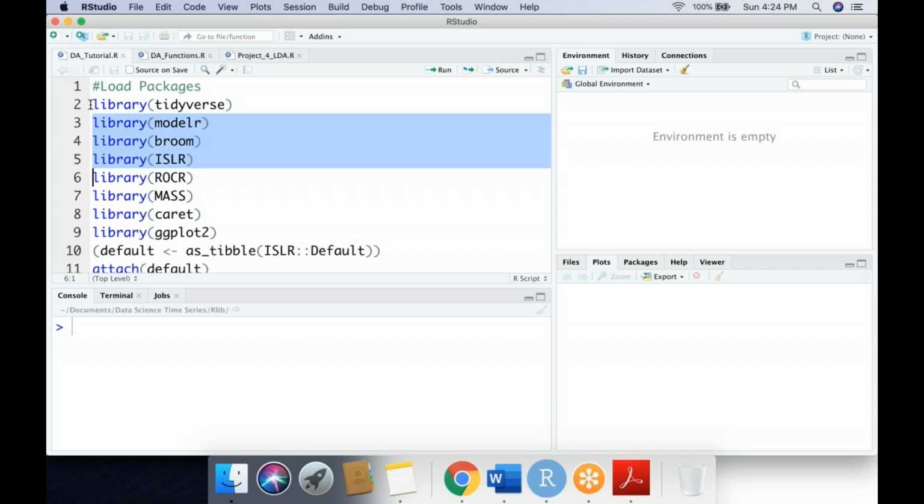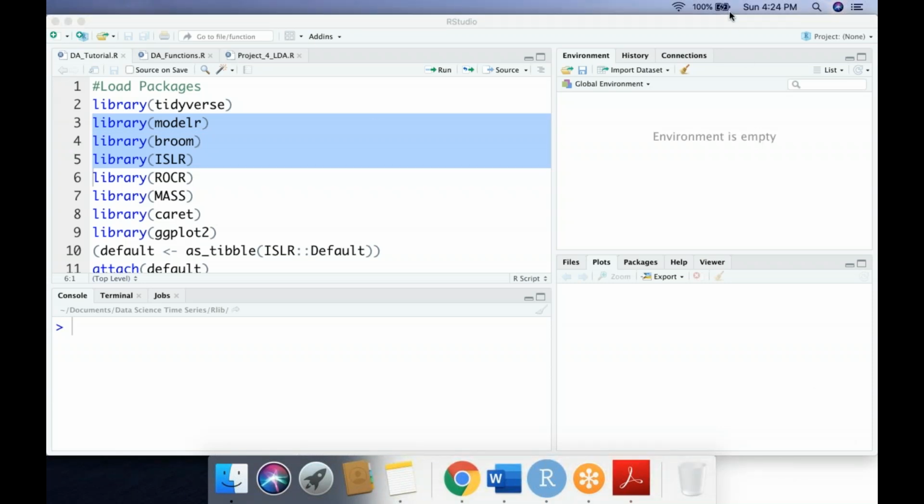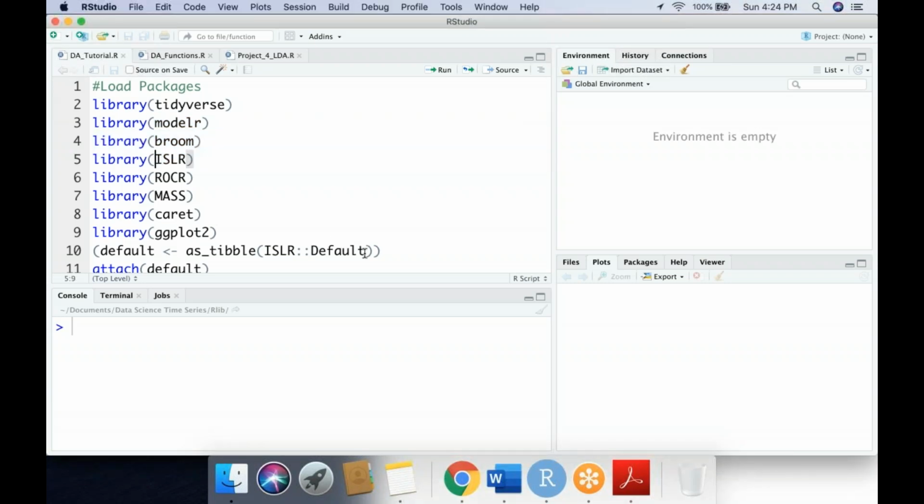Some are installed for me, but in your case you probably have to install modeler, broom and ISLR. Please confirm in the chat when everybody is done with it. Because here we are going to use the data from ISLR.